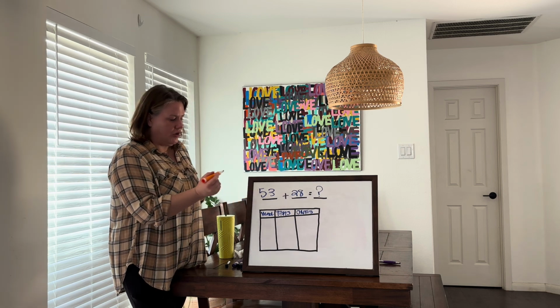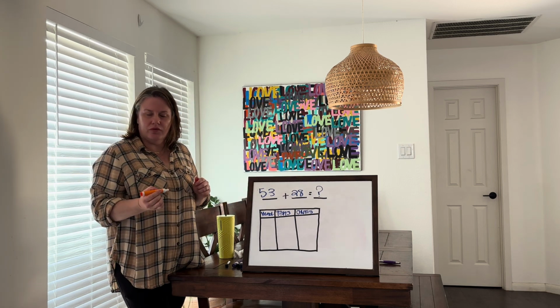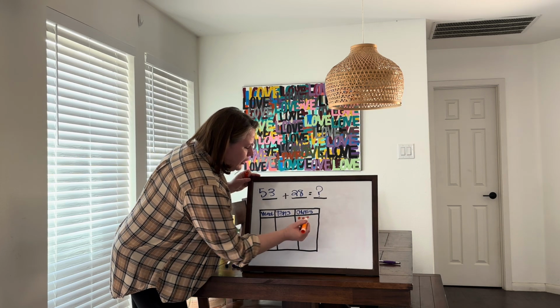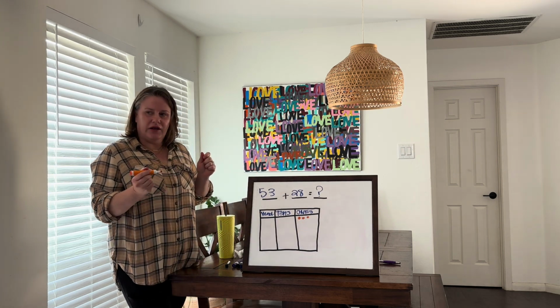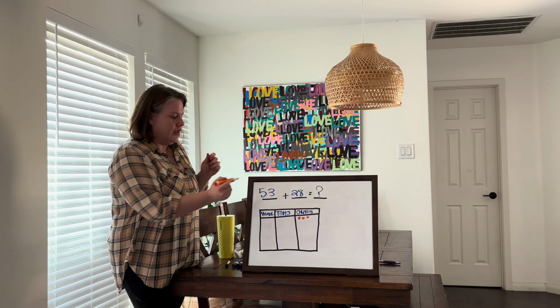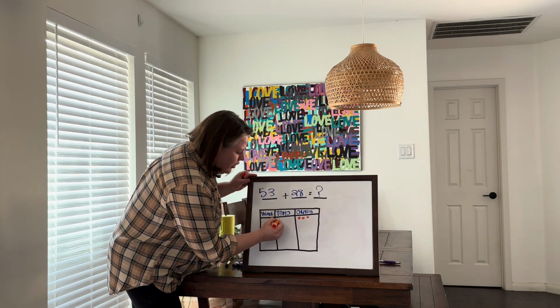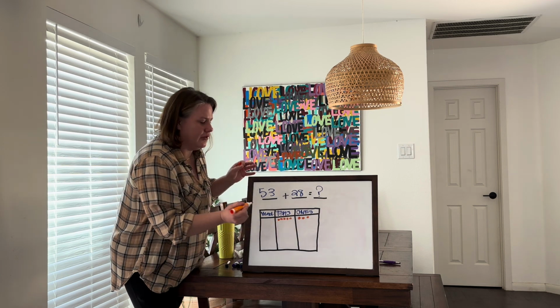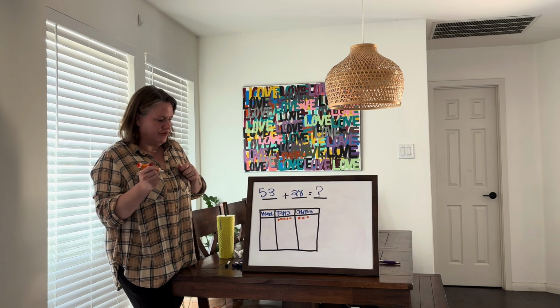The 3? Okay, and where are our 3 dots going to go? In the 1 spot, that's right. 1, 2, 3. Okay, and so what's next? The 5s, and what column are we placing those in? The 10s, good job. So 1, 2, 3, 4, 5. Excellent, Kendall. Pat on the back, you did awesome.